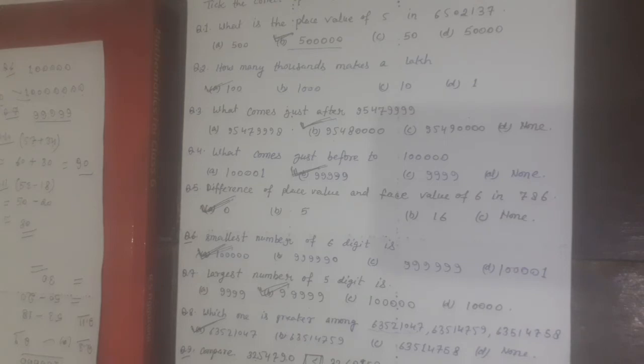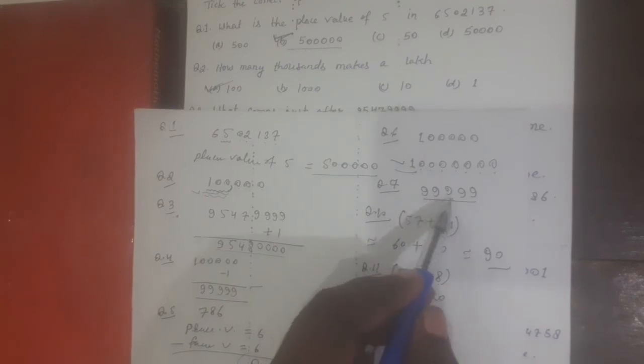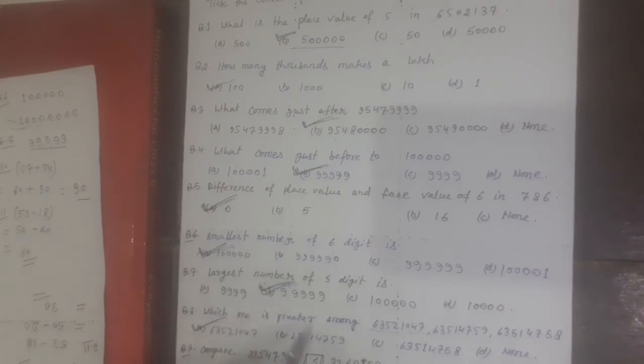If you have to calculate the largest number of 7 digits, you will put seven 9s there. So 5 nines will be here, and it will be 99,999. So the right option in question number 7 will be answer B, which is 99,999. Okay, moving to the next.